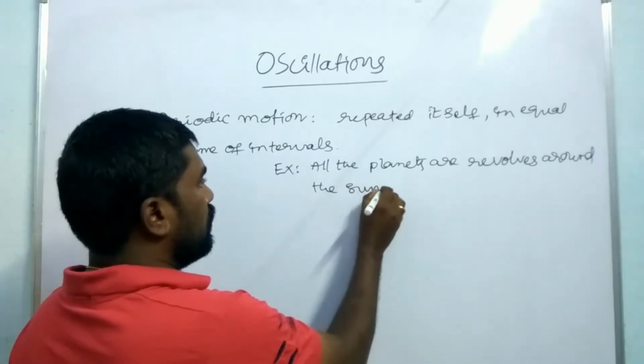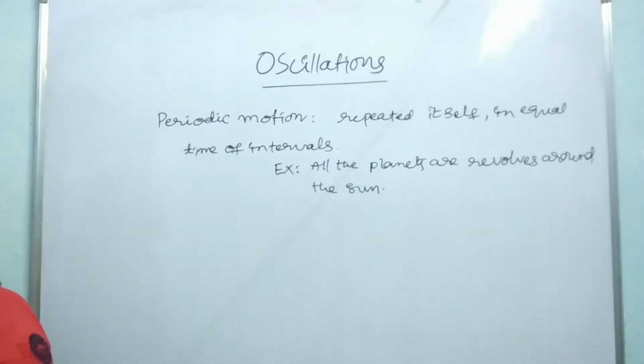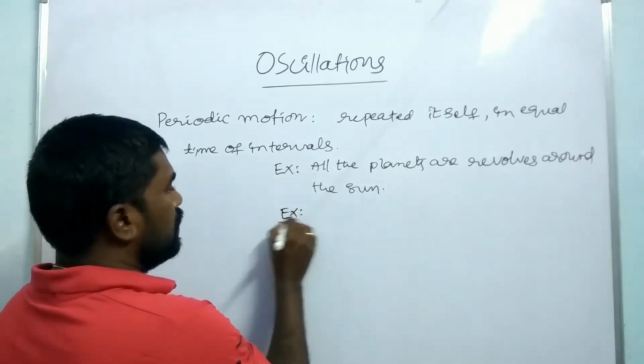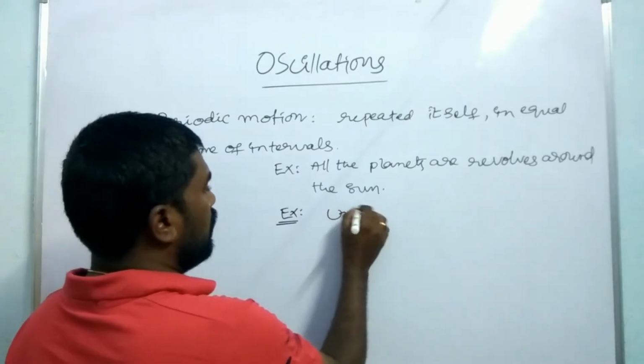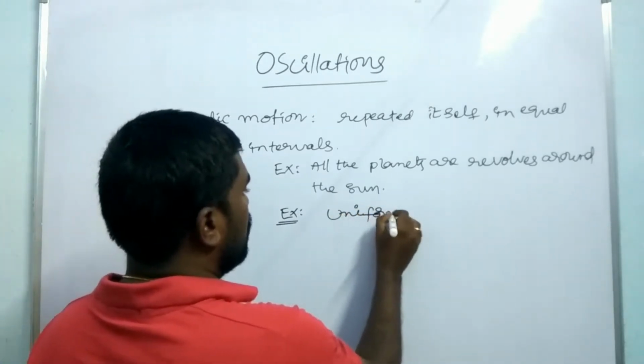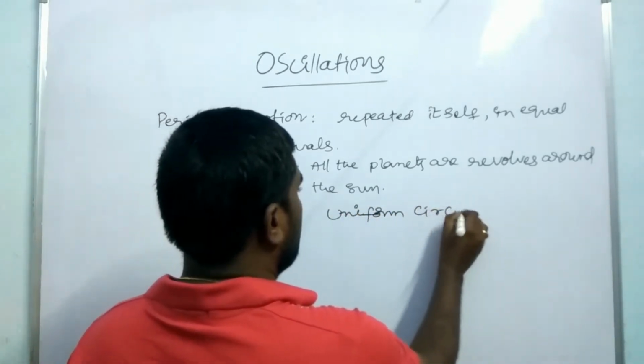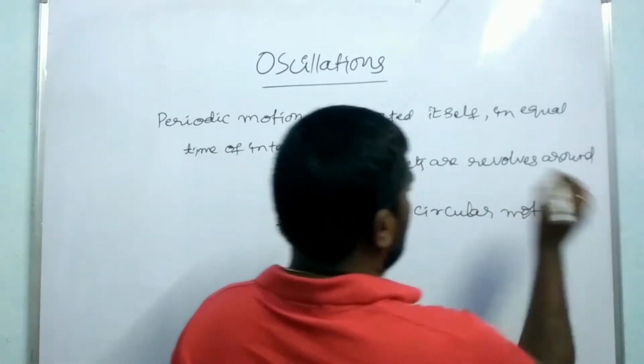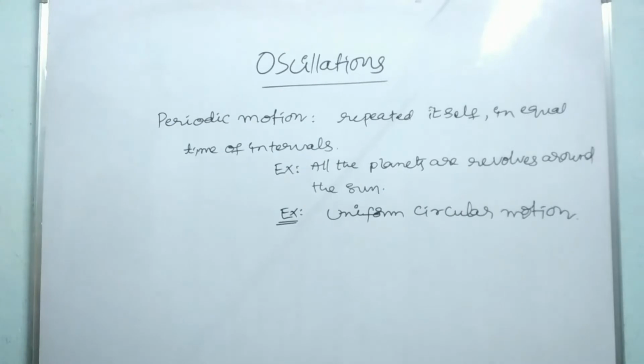This is one of the periodic motions. And one more example is uniform circular motion. These two are examples of periodic motion.